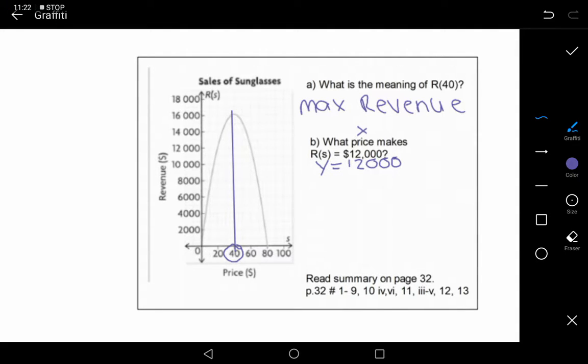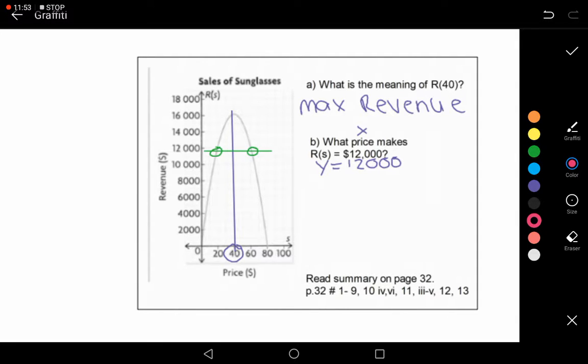Well, again, I go and look at my graph and I go to 12,000 and I'm just going to draw a line across from 12,000 and see that I have 2 points there. I can see a point here and a point here. So again, use a ruler, draw a line, whatever works for you.